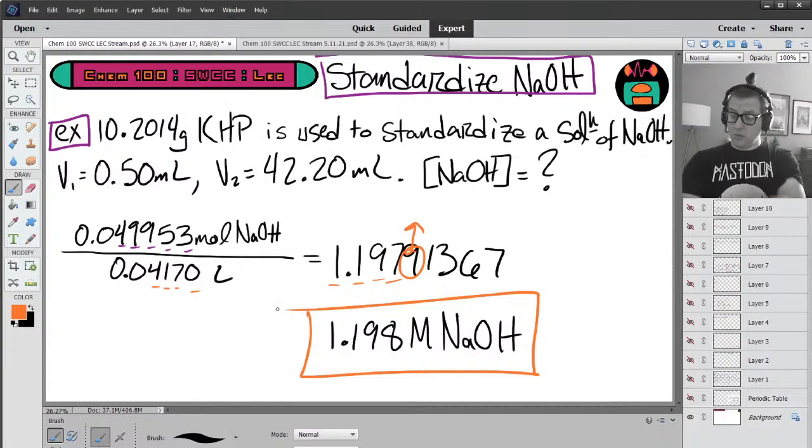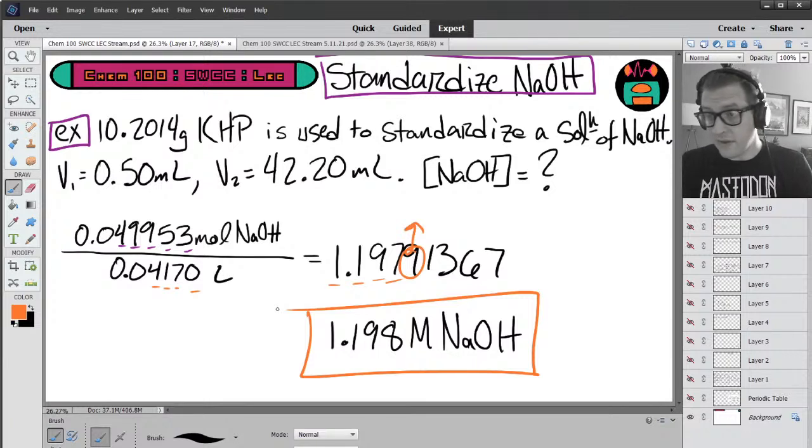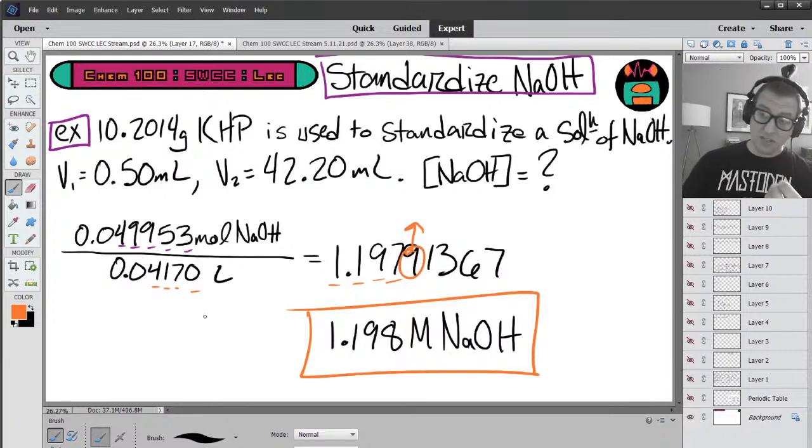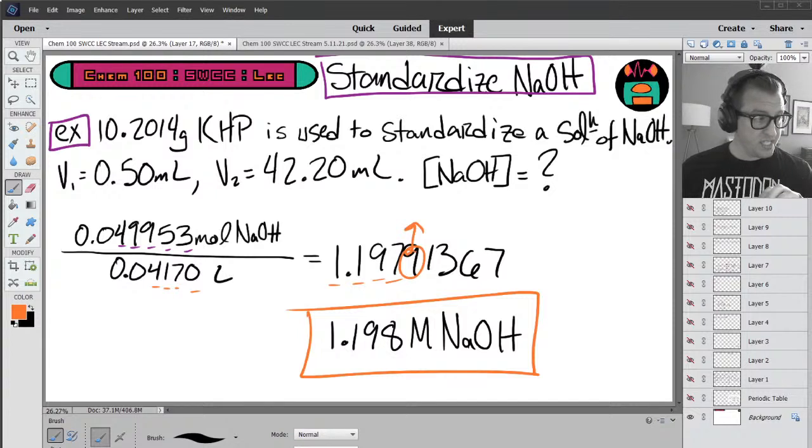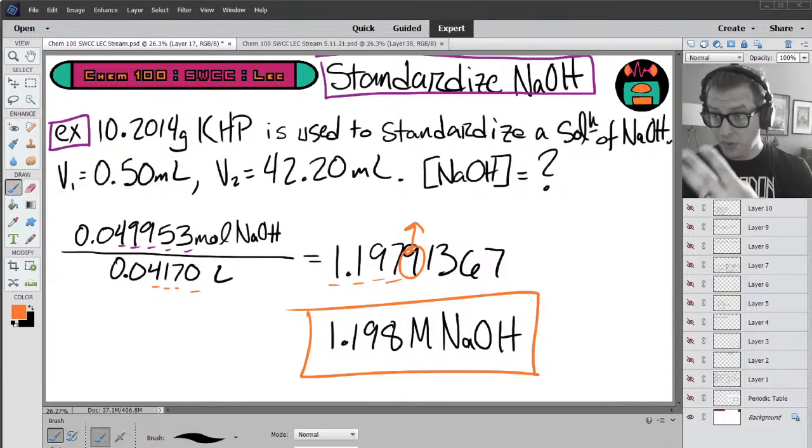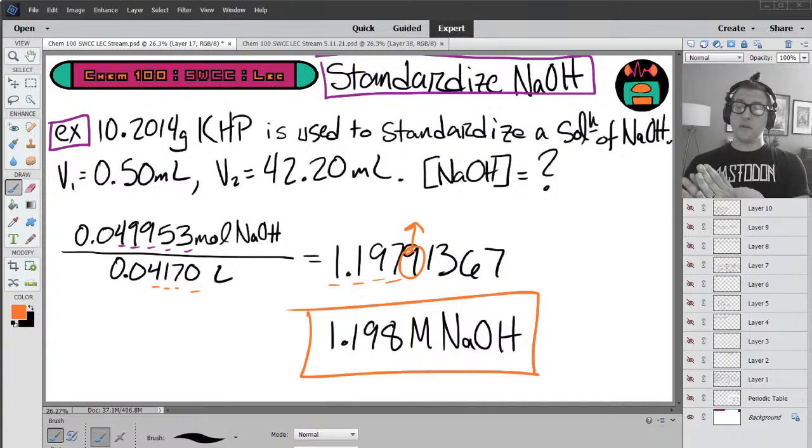Standardized is just another way of saying certainty of its concentration. Now, if we were doing an actual standardization, like if you're doing this in lab, you would not base your standardization off of one calculation. You'd actually do this in triplicate. You do 3 different titrations with your solution of sodium hydroxide and KHP, and then take an average of the 3, and that would be the molarity that you'd use to calculate your percent mass of acetic acid in vinegar.